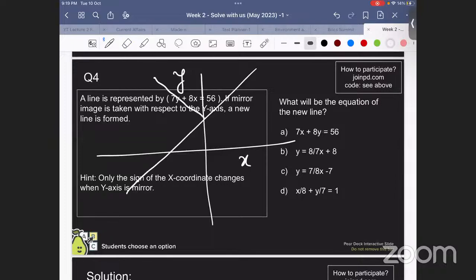This line should be something like this, right? You just have to get the equation of this line. Tell me the equation, which of the following is correct. Just write in the chat box. You don't have to speak out.